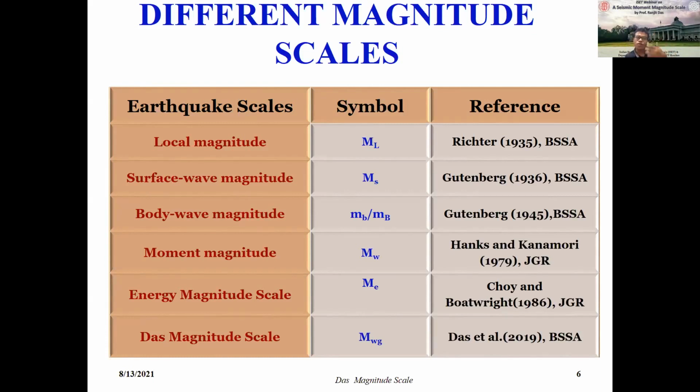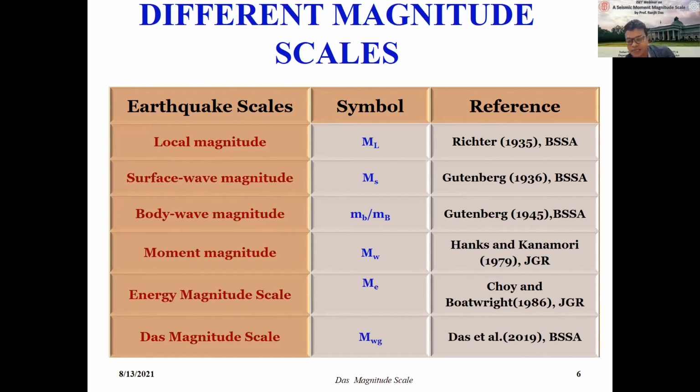So then, about 9 or 10 years after that, in 1945, he developed another magnitude called body wave magnitude. Initially it was capital MB, but at present we have small mb. In this way, the magnitudes are improving or being modified.